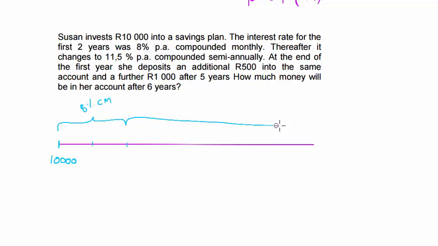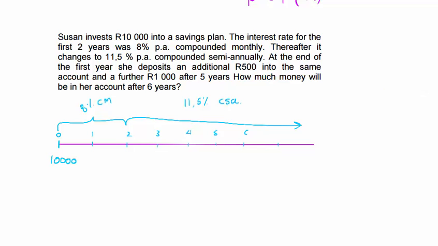So I'll do this for as long as it needs to: 11.5% compounded semi-annually. Okay, so however many time periods there may be. Then this, remember this is 0, 1, 2, 3, 4, 5, 6. It does seem like 6 will be sufficient.